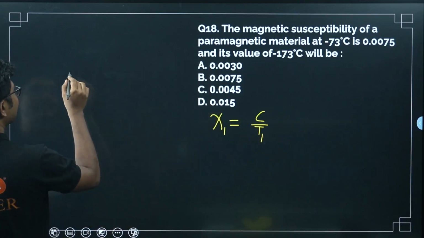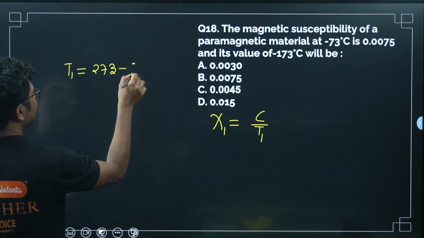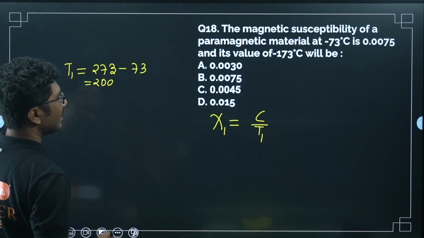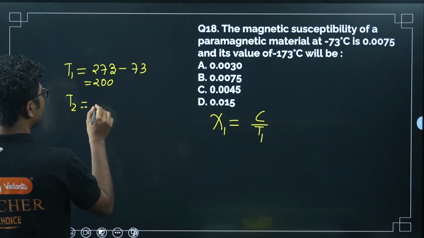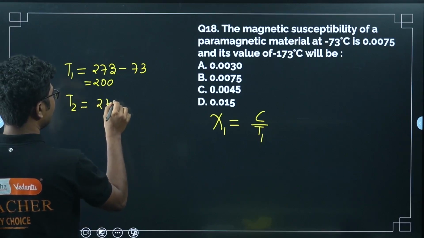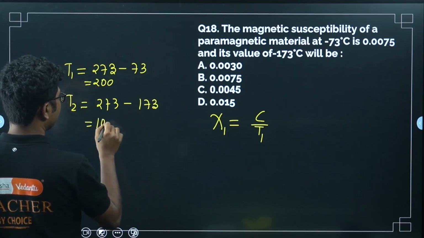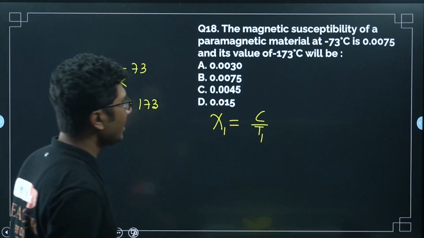First temperature is minus 73 degrees Celsius, so T1 will be 273 minus 73. The only thing you need to consider is this. And the final temperature T2 is 273 minus 173, that is 100 Kelvin. So the question was given to check if you can change the units.